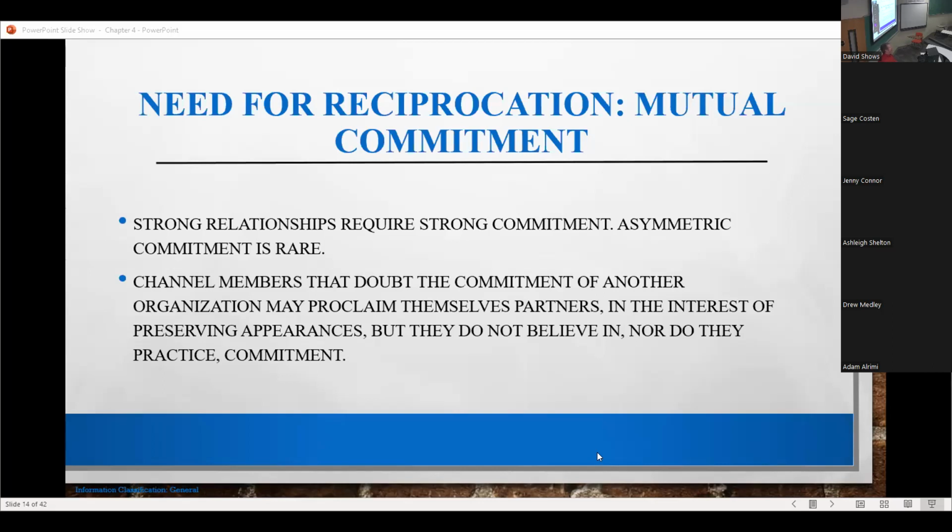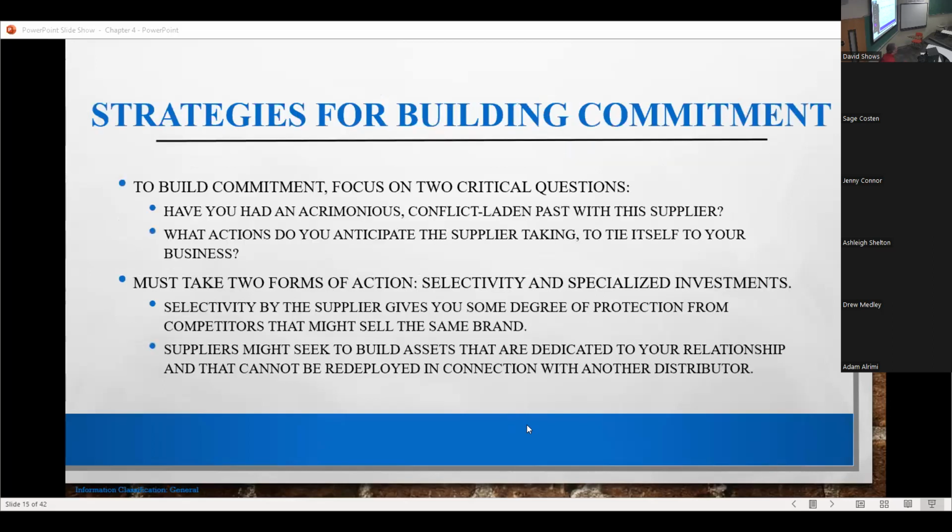And so what are the actions that you go through? Well, these are some of the strategies. The first thing you ask yourself quite simply is, do you have an acrimonious relationship? And do you anticipate the supplier tying themselves to your business? There are two forms of actions that you can take.